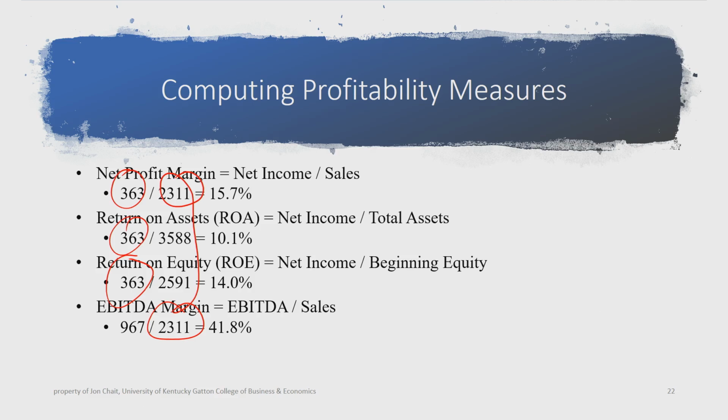Facebook's EBITDA percentage is monumental. I think it's 85%. Whereas your typical Emerson, which is a wonderfully well-run manufacturing company, has an EBITDA percentage of probably, I'm guessing, 15, 20%. So very much you need to know what's typical for this kind of business, or even what's typical for the business itself in prior years.